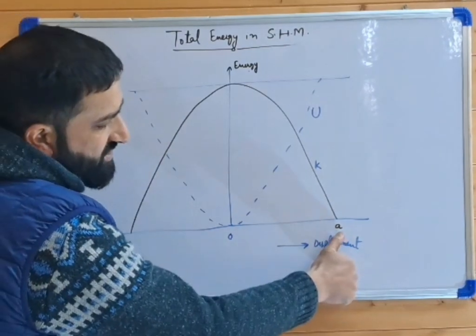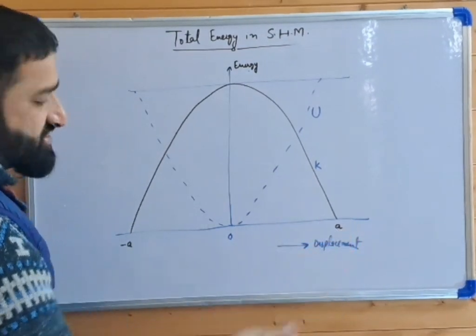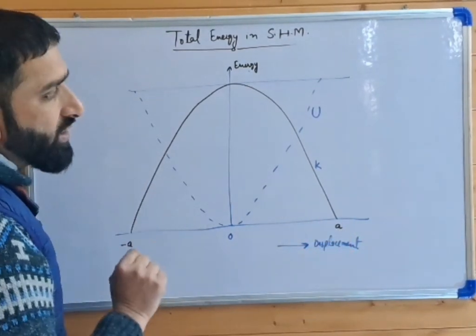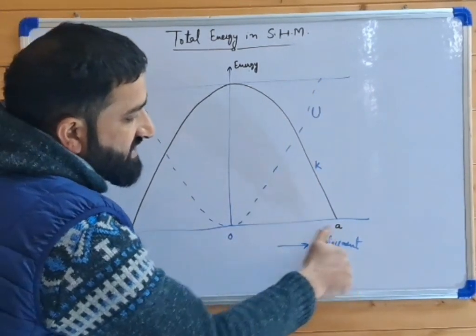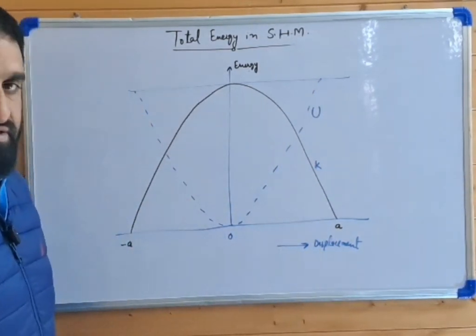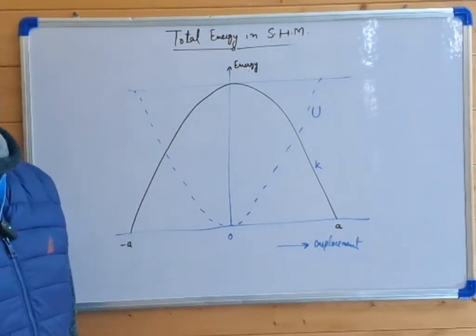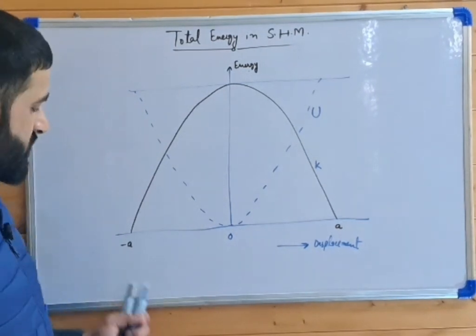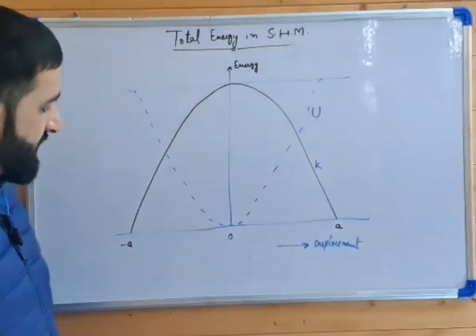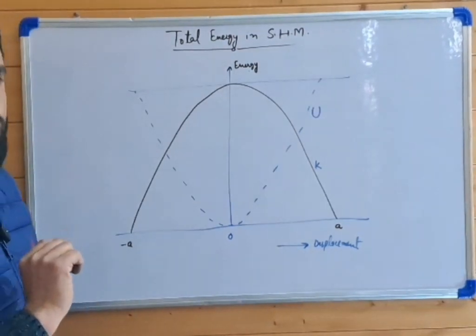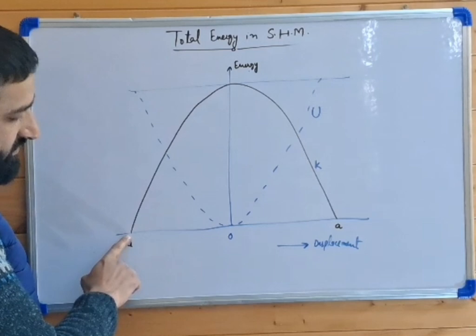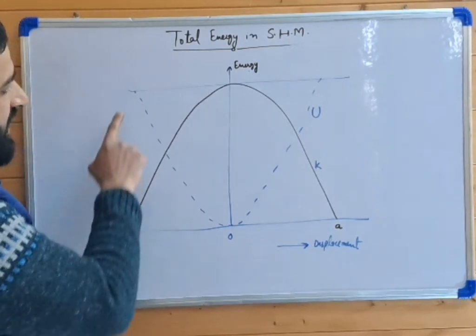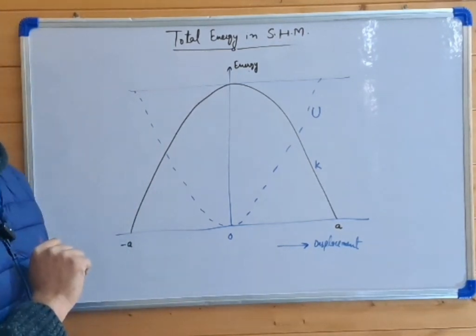At extreme positions, whether it be the right extreme or left extreme, the total energy of the body is in the form of potential energy, as at the extreme positions, the kinetic energy of the body is equal to 0. So, at minus A and A, the value of the solid curve, which shows the variation of the kinetic energy, is equal to 0, and the value of the dotted curve is equal to maximum.